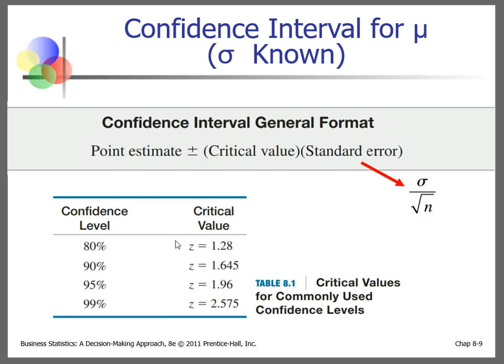The table here shows the critical values for commonly used confidence levels, and the standard error can be computed by dividing the population standard deviation by the square root of the sample size.